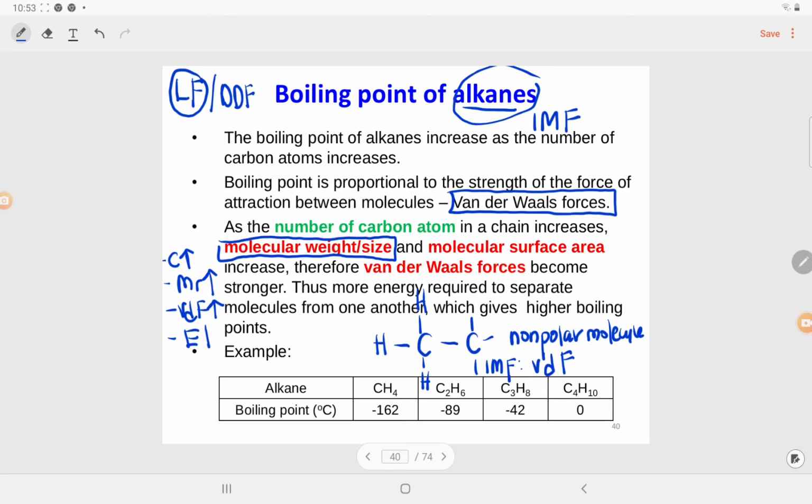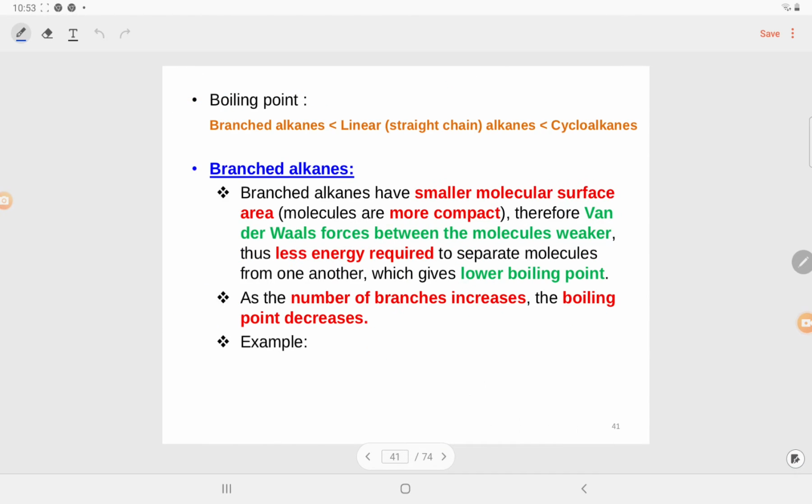More energy is required and the boiling point of the compound is higher. If we compare the homologous series from carbon 1 until carbon 4, the strength of the forces increases and the boiling point also increases.